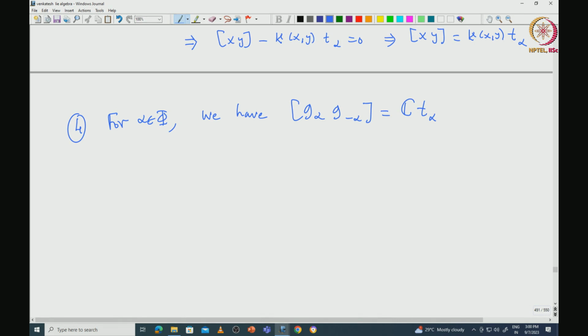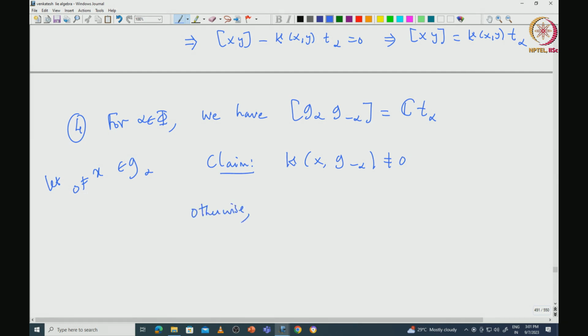Indeed, you start with x a non-zero element inside g alpha. Then we claim that kappa of x comma g minus alpha must be non-zero. So, what will happen otherwise?